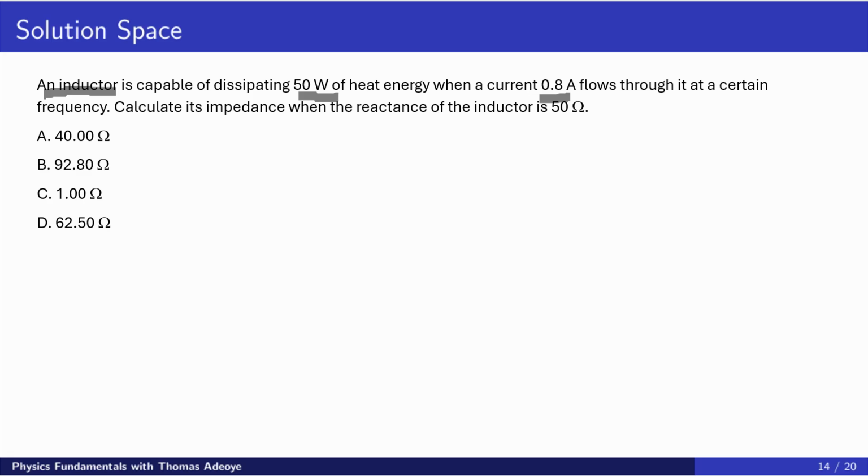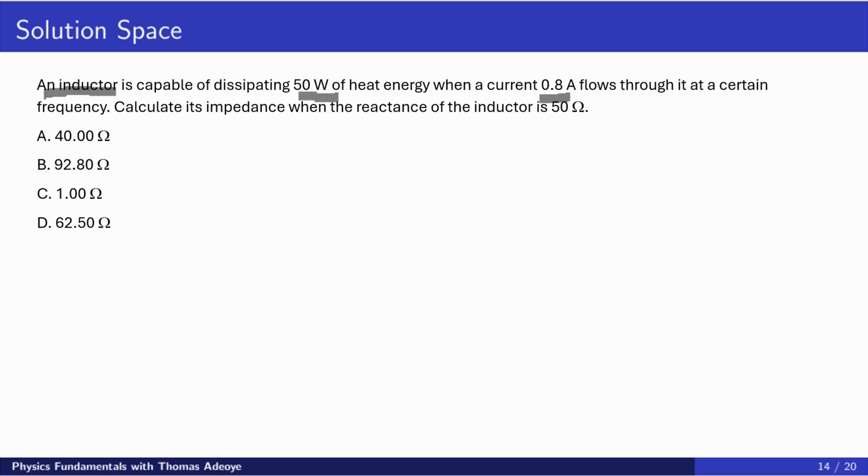In a circuit, what causes dissipation of power is what's called resistance. If there is no resistor to supply opposition to the flow of current, then the power dissipation would have been 0. That's how I got to know that in this question there is an inductor and there is a resistor.